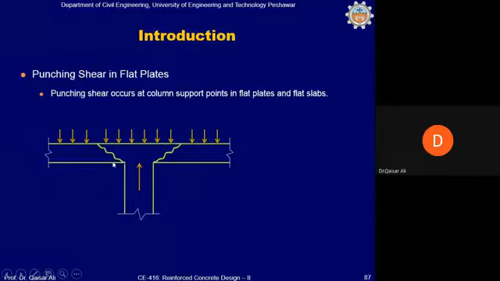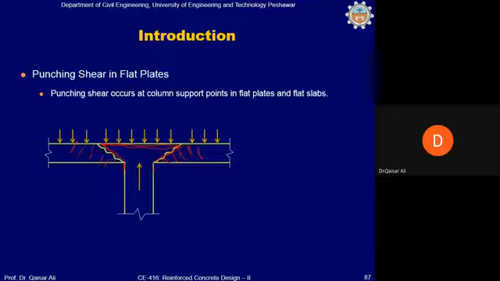This means that this part of the slab will be separated from the remaining part of the slab, and will remain on top of the column like part of the column, while the remaining part of the slab will crack and may fall down.